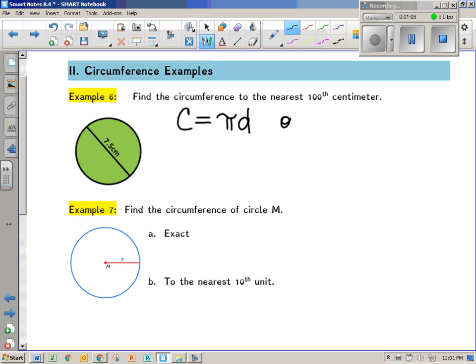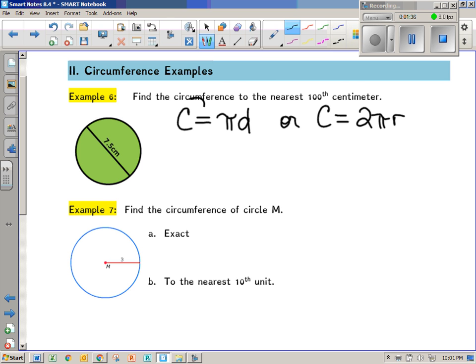Or another way to think of the formula is 2 times pi times radius. Well, 2 times the radius is the same as d.